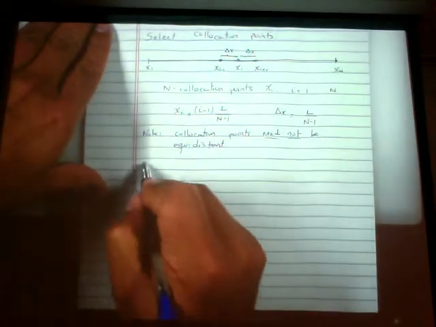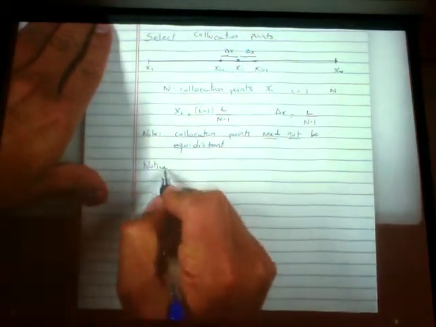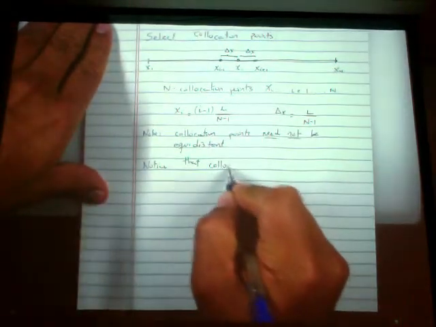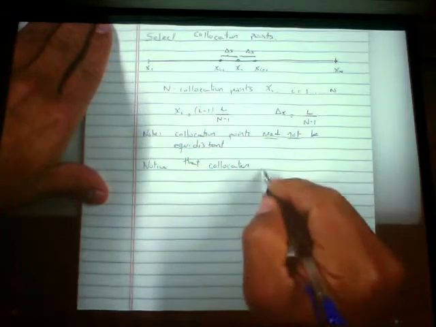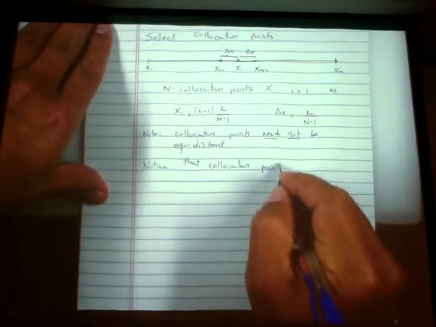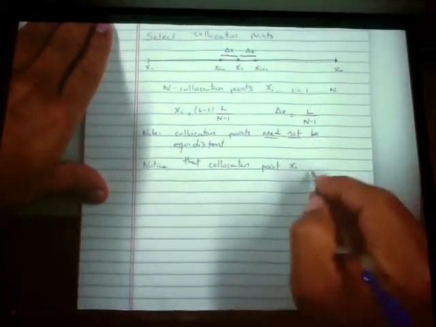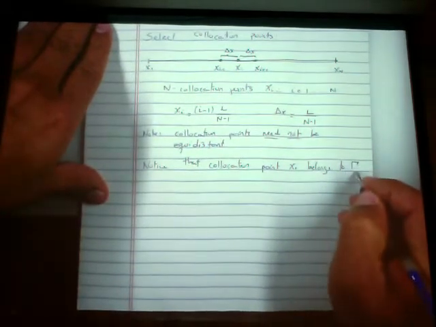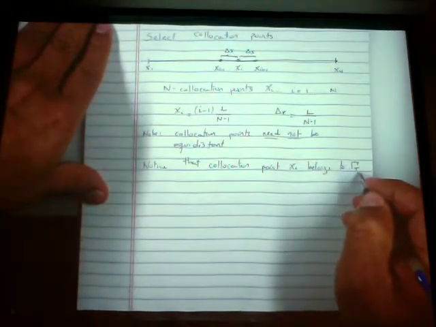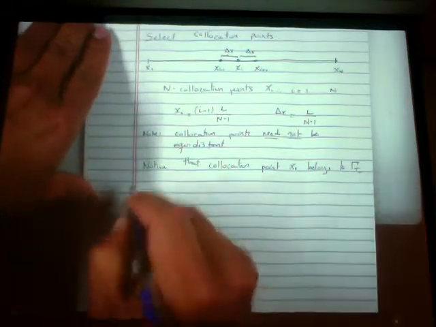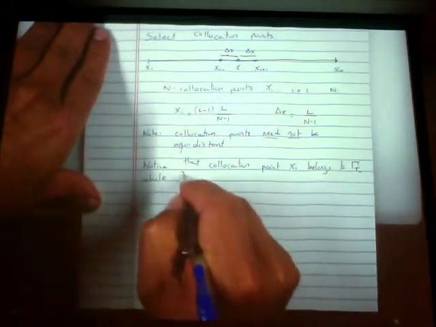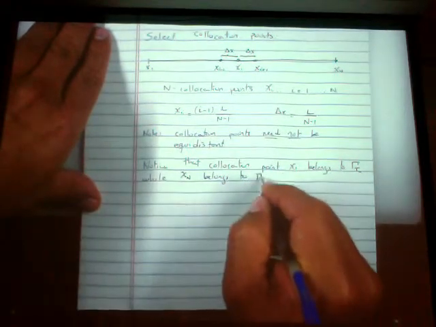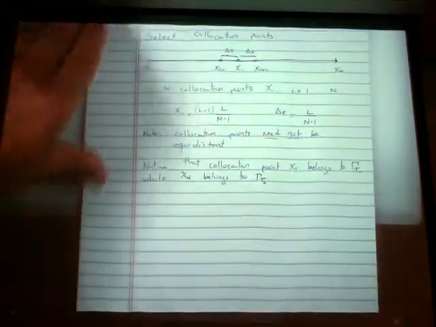Notice also that collocation point x1 belongs to gamma T0, while xn belongs to gamma TL.